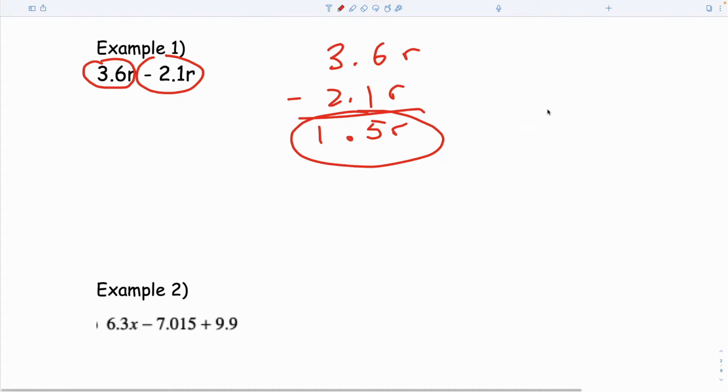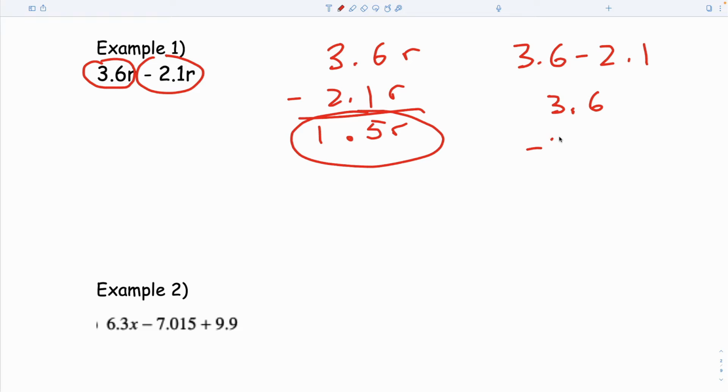Thanks for bringing that up, Hendrix, because you'll see that a lot today. A subtraction symbol is the same thing as a minus sign. It makes it a bad guy. So 3.6 minus 2.1 is the same thing as a good guy 3.6 and a negative bad guy 2.1.